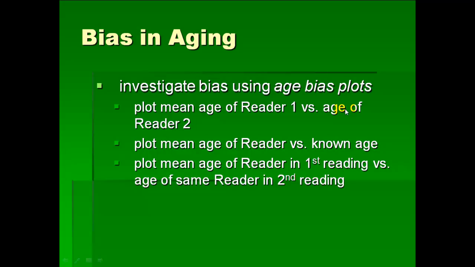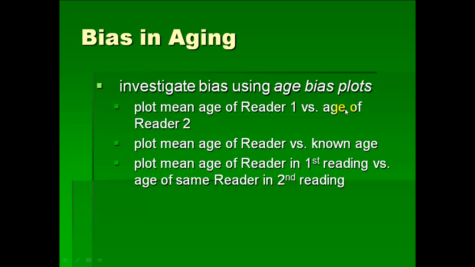So one way that we can look at bias in aging is to look at things called age bias plots. It's just a graphical technique that allows us to get a feel if we're incorporating any bias into our reading. It also helps us to find out where that bias tends to creep in. There are many different ways you can do this.